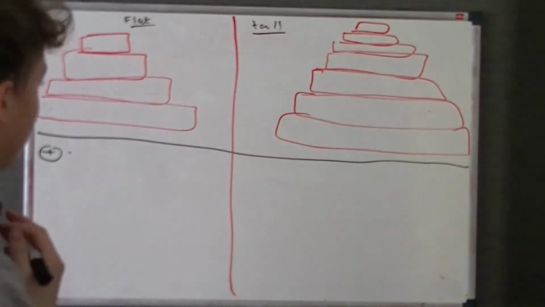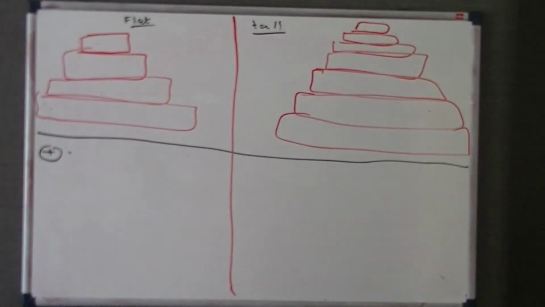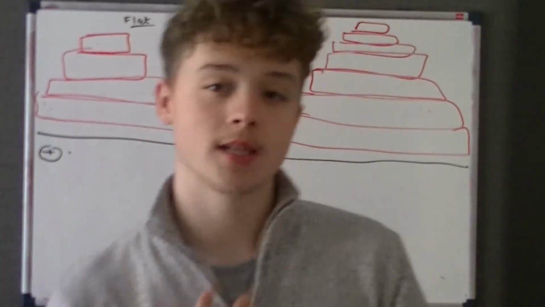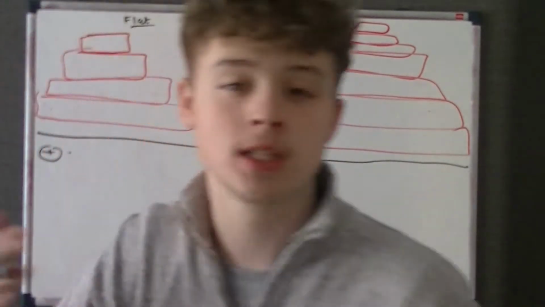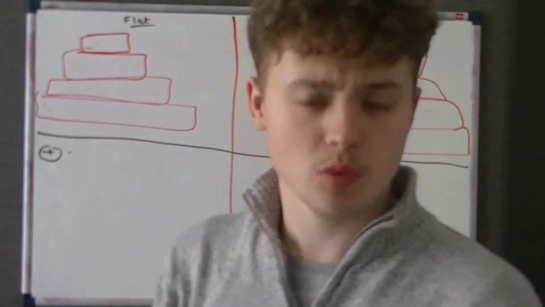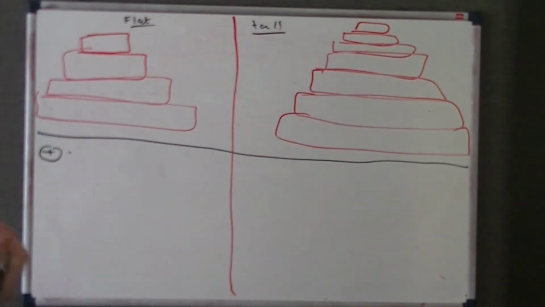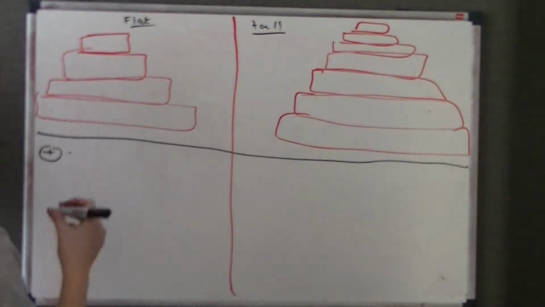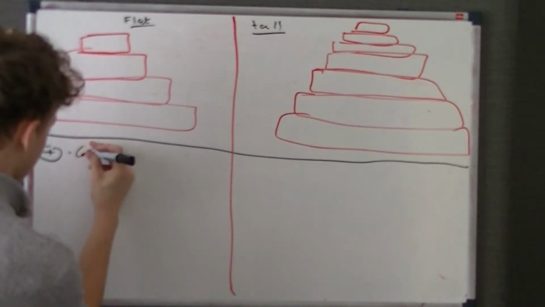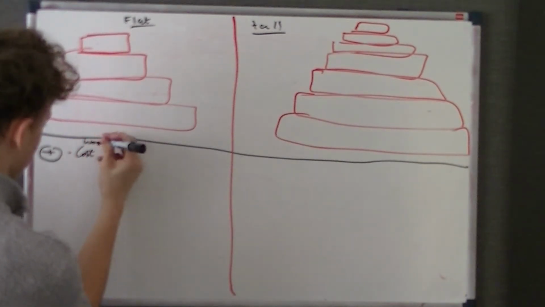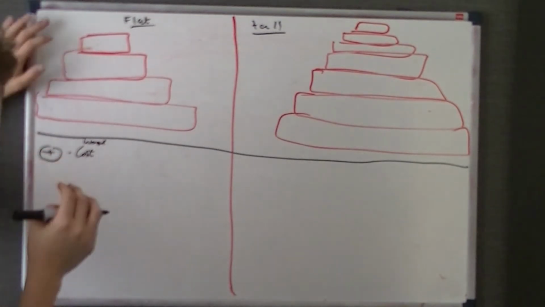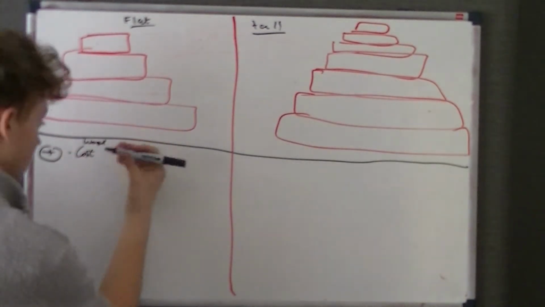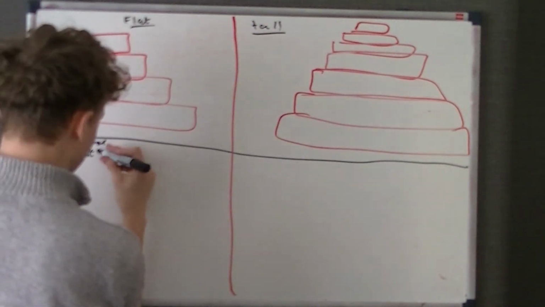An advantage of a flat structure: a flat structure means there are not many layers in the business, which could indicate that the business might be a bit smaller than the tall, but an advantage of a flat structured business is that the costs are quite low. So I'll just put wage costs, as obviously you've got fewer people high up, so it costs you less, and that's obviously a bonus. Wage costs reduce.